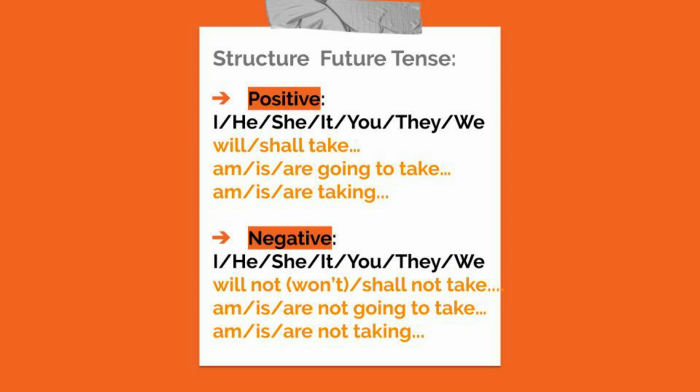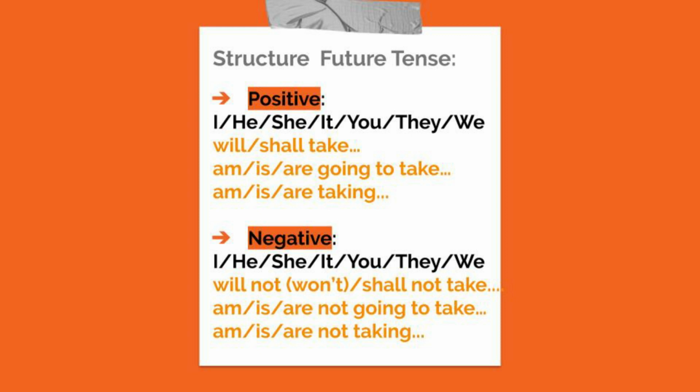So I will take, she shall take, you shall take, and will and shall show the future. I am going to take a table. He, she, it is going to take a notebook. You, they, we are going to take, right?